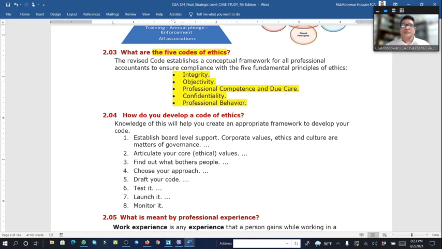Through corporate governance, we have the Corporate Governance Code 2018 from the Securities and Exchange Commission, but it is only for listed companies, not for all companies. But if any company is willing to follow the corporate governance code, it is most welcome.